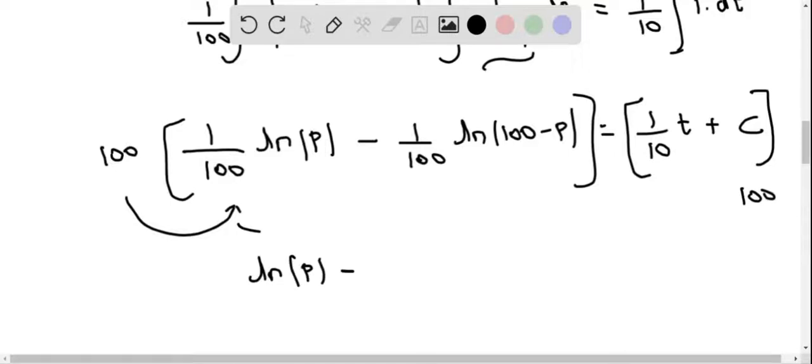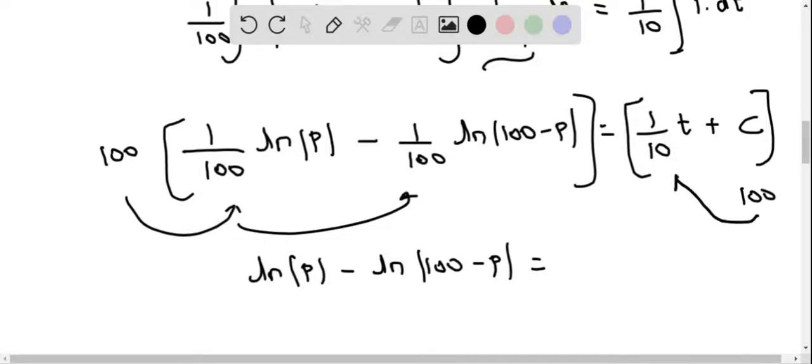And also when you distribute this 100, we will have only the natural logarithm of the absolute value of 100 minus p. And this equals, we multiply 100 with this one, so we will get 10 times t plus 100 times c.